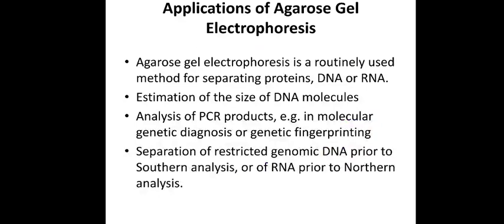Where you can compare the DNA composition of a particular person with anyone you need. Simply by using this agarose gel electrophoresis technique, first you separate the DNA fragments and then you blot them, then you can analyze them. So this is one of the steps.